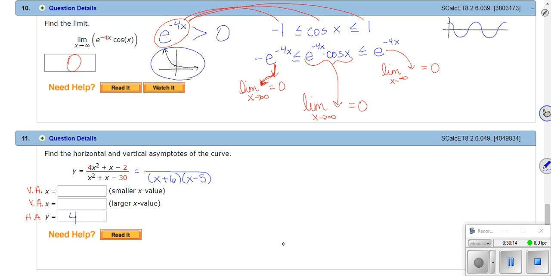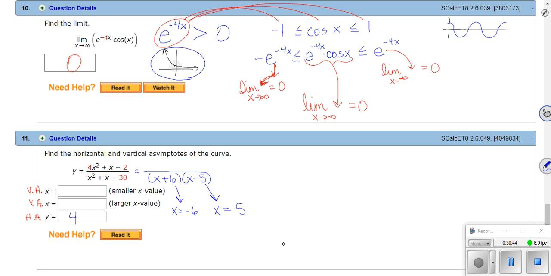Once you find the excluded values of x, they either become holes, as we talked about yesterday with continuity, if you can cancel out that binomial factor with something on the top, or they become a vertical asymptote if they don't cancel out. These don't cancel out, so this gives me x equals -6, and this gives me x equals 5. Those are my two vertical asymptotes.